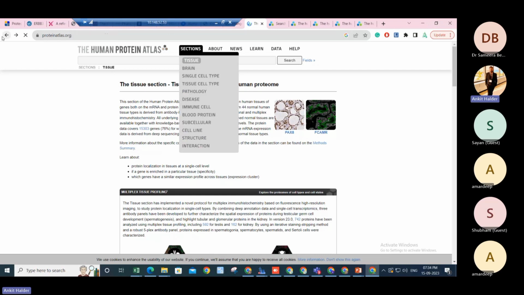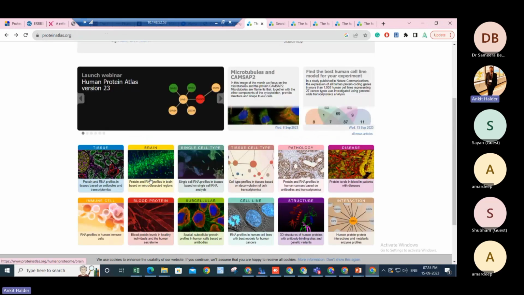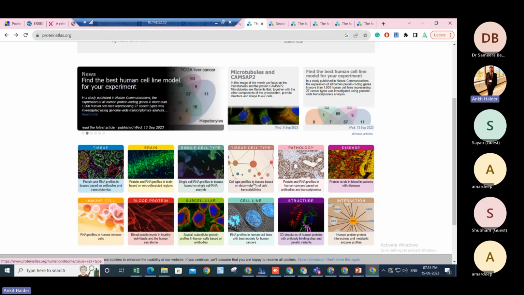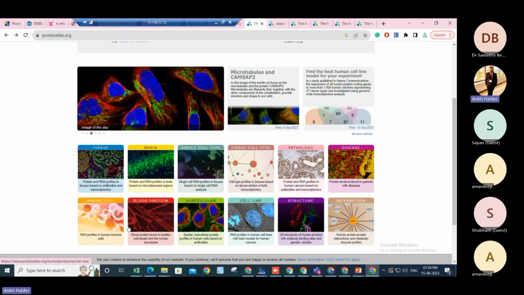Apart from this, there is brain single cell type, tissue cell type, pathology type, disease type, interactions, immune cell.